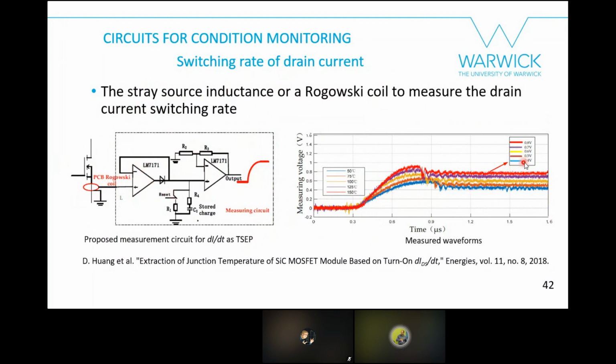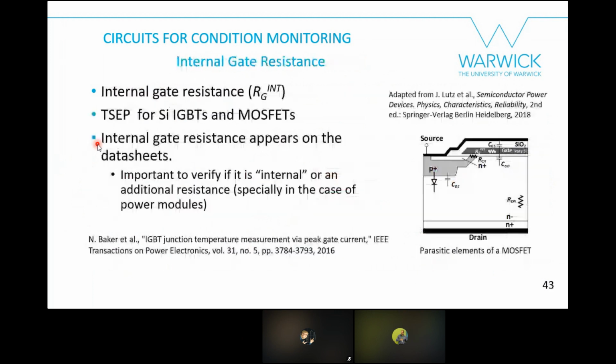They managed to monitor voltages from 0.4 volts at low temperature to 0.8 volts at high temperature. So if you have some circuit and some workarounds, you may be successful exploiting the temperature sensitivity of determined parameters. This paper is open access and you can see the details of the circuit. Sometimes it's not only having the parameter there, you need the right circuit to measure your TSEP.